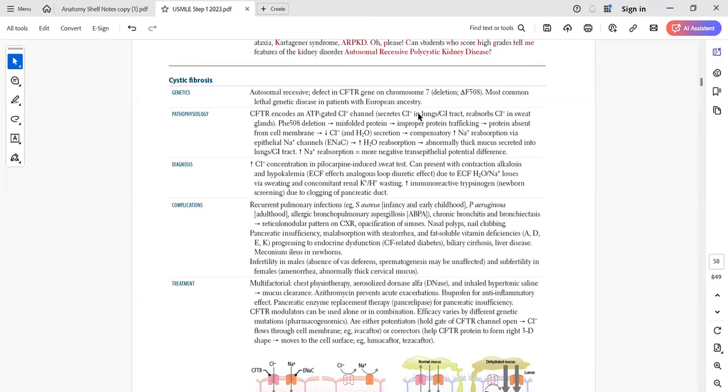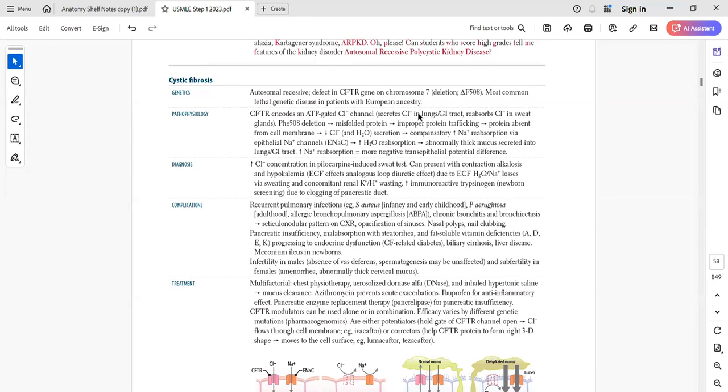Opacification means no transparency. It would be like a whitish halo, a whitish shadow. The patient would present with nail clubbing, with nasal polyps, all of these things. I'm sorry I'm going into the details of cystic fibrosis, but this is very important. So many questions come from this particular topic.